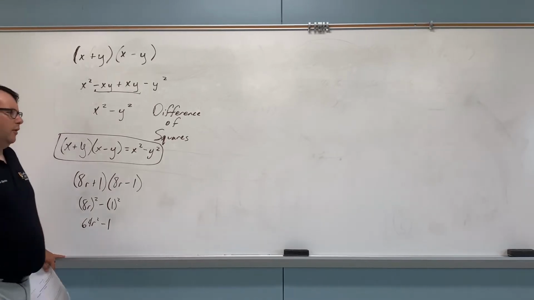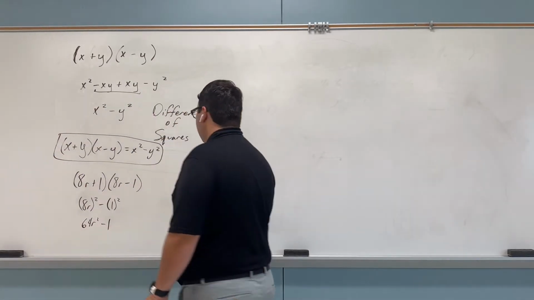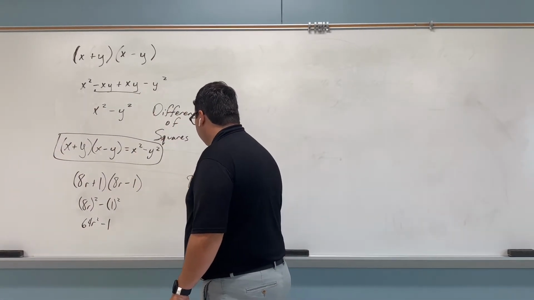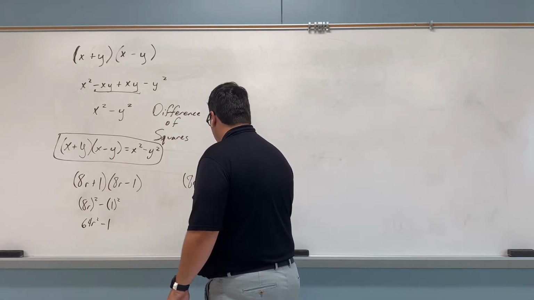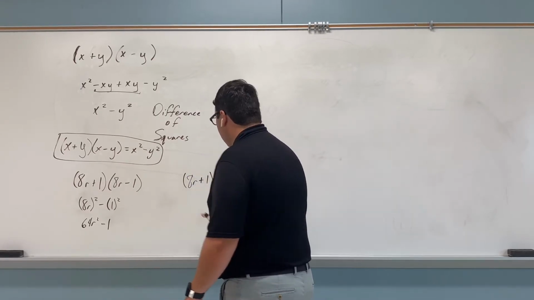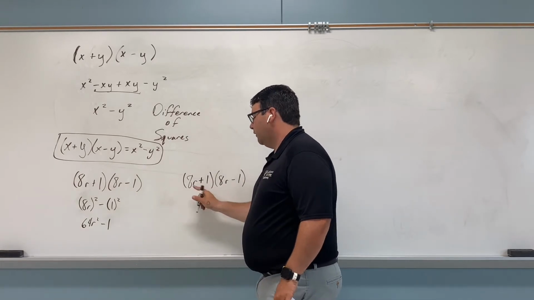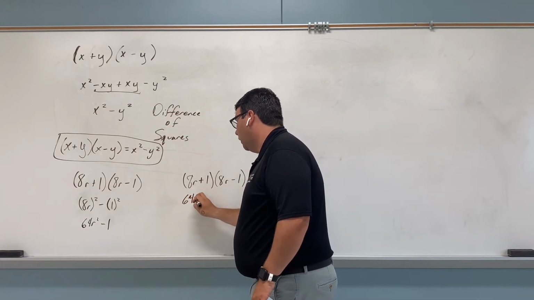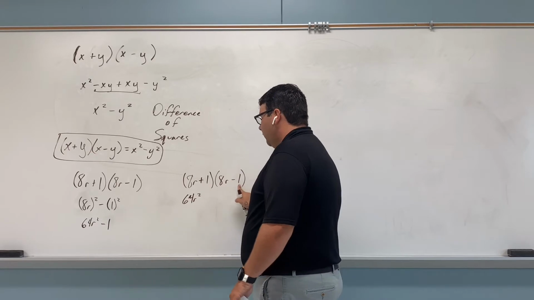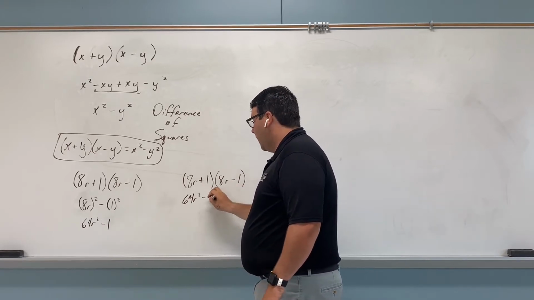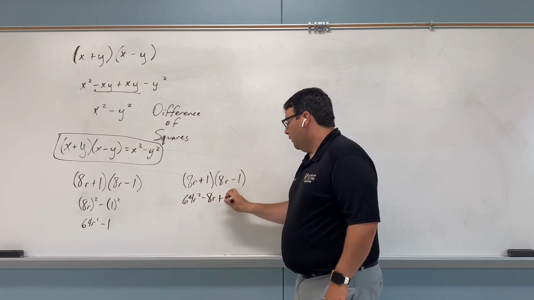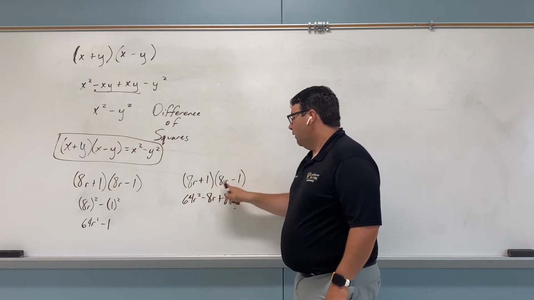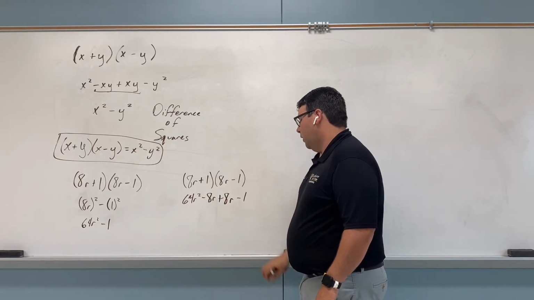Let's just prove it. Let's see what happens if we were to actually go through the multiplication process. If I were to FOIL, I have 8r times 8r, that's 64r squared. 8r times negative 1 is a negative 8r. 1 times 8r is a positive 8r. 1 times negative 1 is a negative 1.